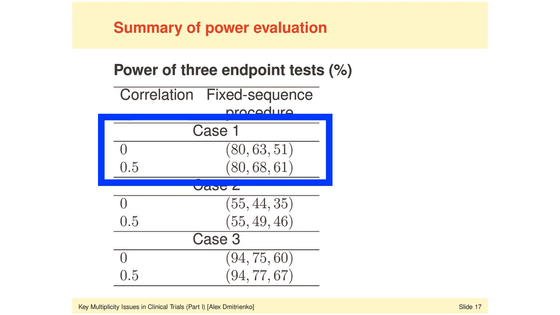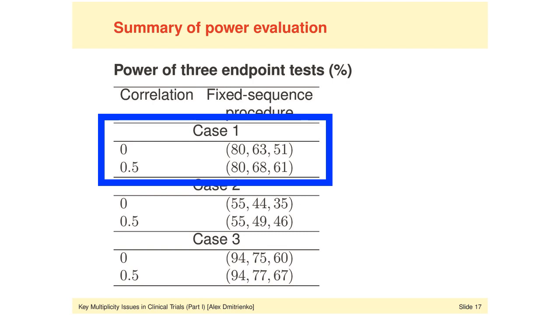In this case, the first endpoint is adequately powered, but then power decreases fairly quickly as we go down the sequence. When the endpoints are strongly correlated, which corresponds to the case when the common correlation coefficient is 0.5, then power for the last endpoint drops to 61%, even though before this multiplicity adjustment, if you remember, marginal power for each individual endpoint test was 80%.